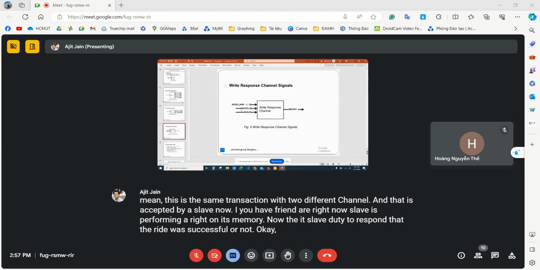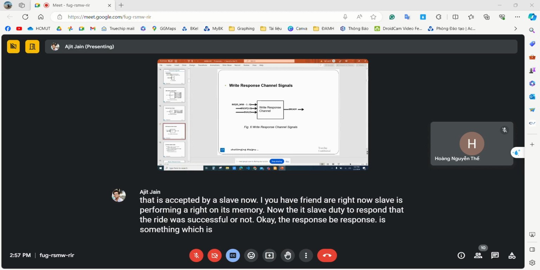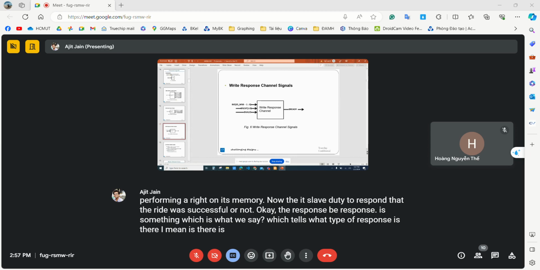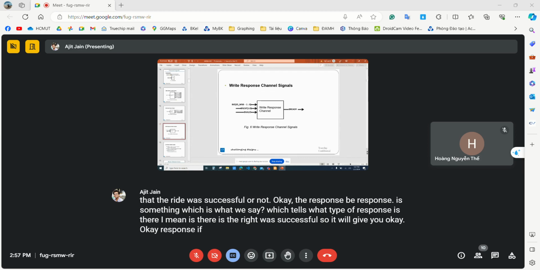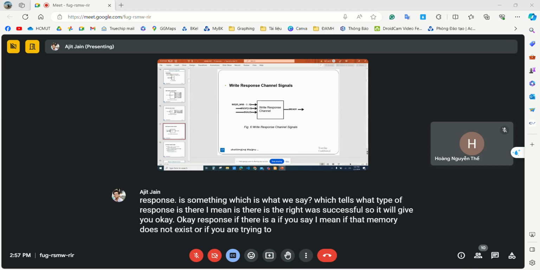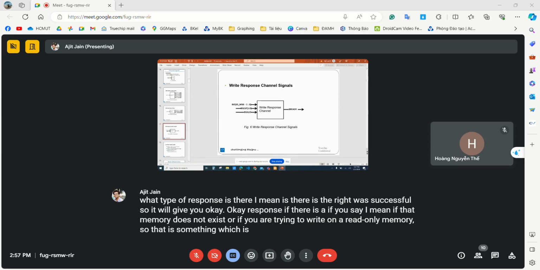The B response is something which tells what type of response there is. I mean, if the write was successful, it will give you an okay response. If that memory does not exist, or if you are trying to write on a read only memory, that is a decode error or a slave error.